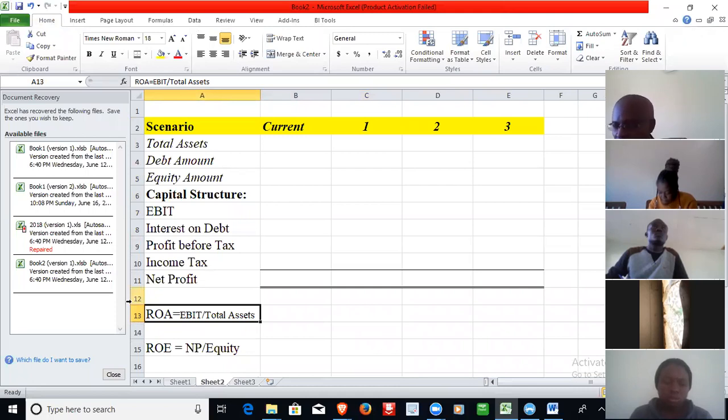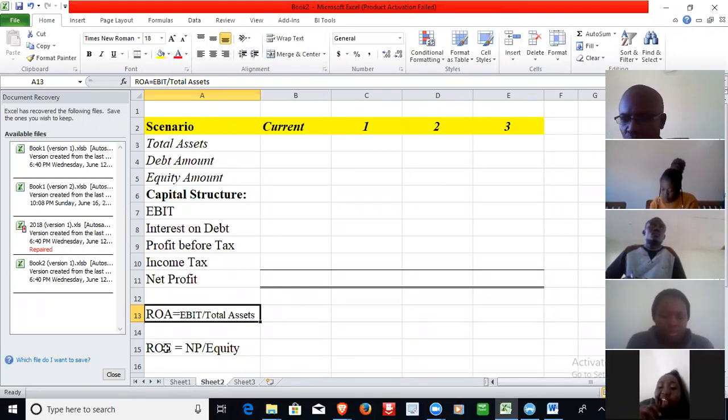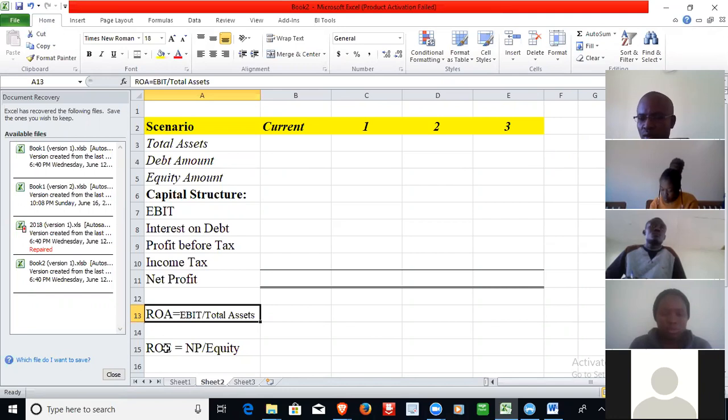That is, we have invested in an asset, how much is going to come back to the organization from that investment on the non-current asset. Then there is also the issue of return on equity, where the shareholders have invested into that asset. How much will come to them, and how much retained earnings are they going to benefit?